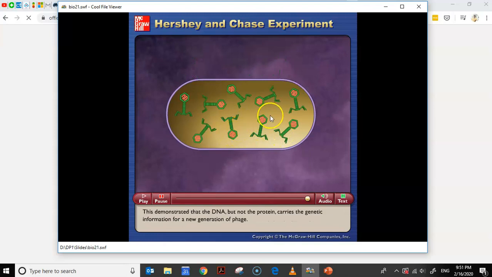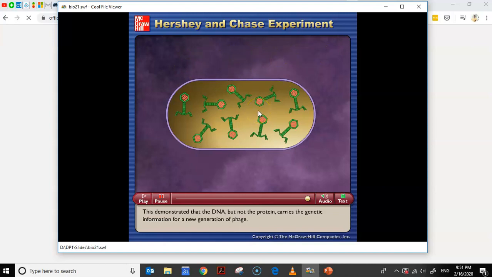So at the end, this experiment showed that it is the DNA which has the genetic information. Why? Because the DNA is causing the production of the next generation of the phages, not the protein. The protein coat remained outside of the bacteria, just gone.